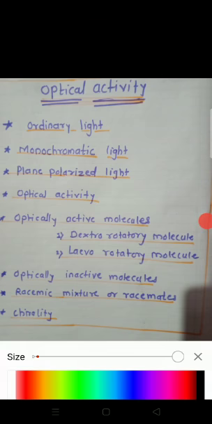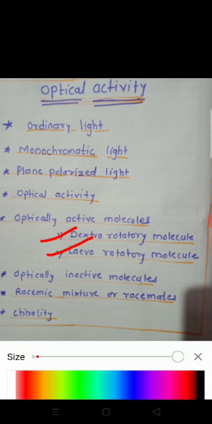One is dextrorotatory molecule, another levorotatory molecule, then optically inactive molecules, racemic mixture, and last chirality. In this topic, these points we have to study.